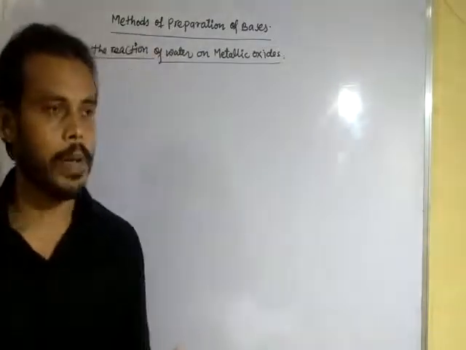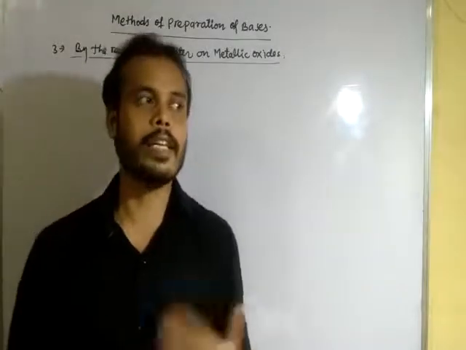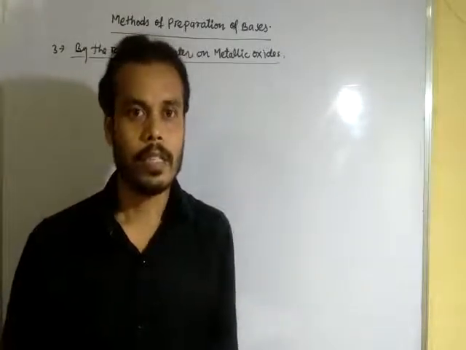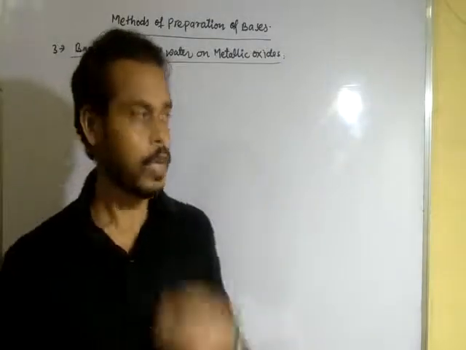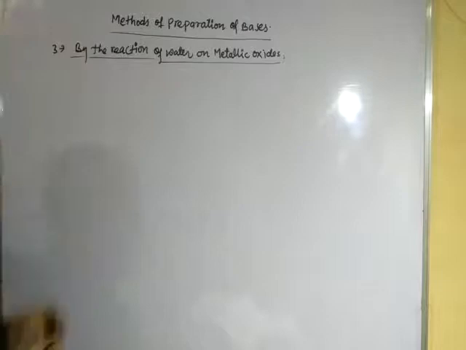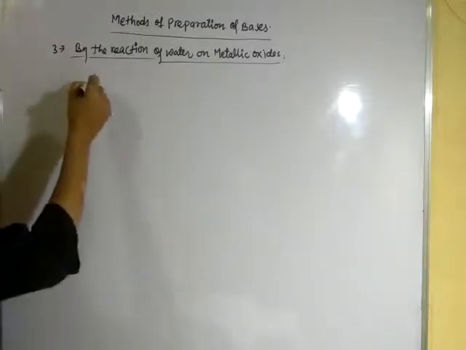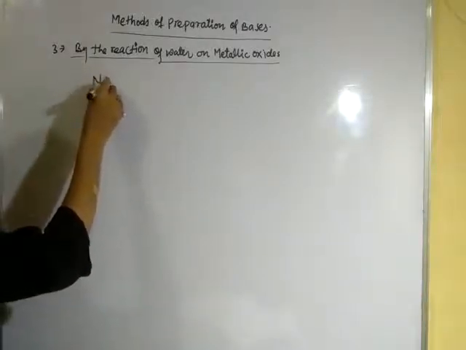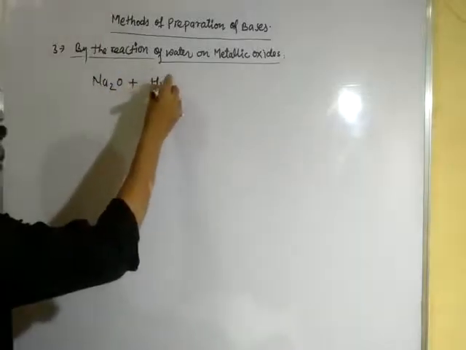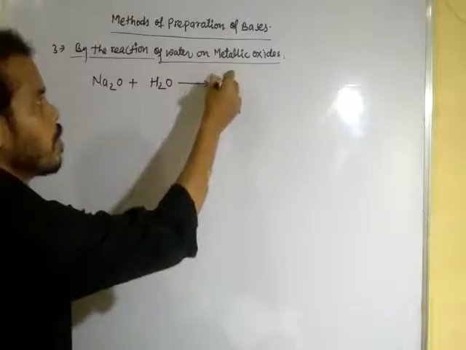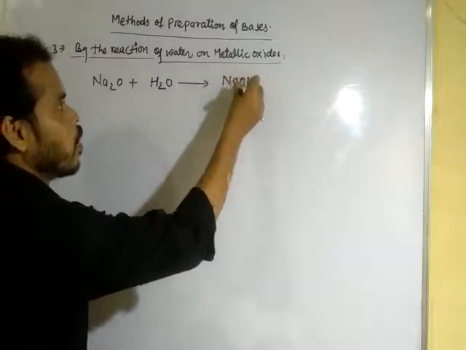Clear? Some metallic oxides can dissolve in water. Now let us see when sodium oxide is dissolved in water to form sodium hydroxide, NaOH.